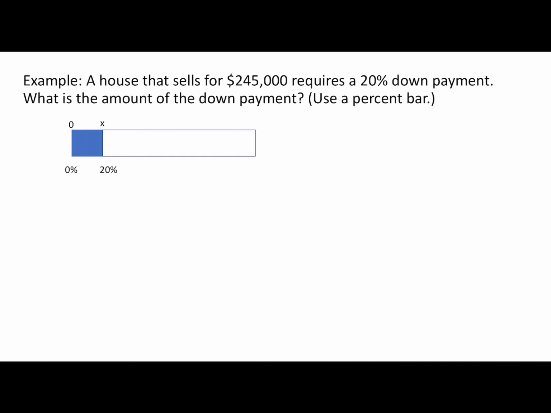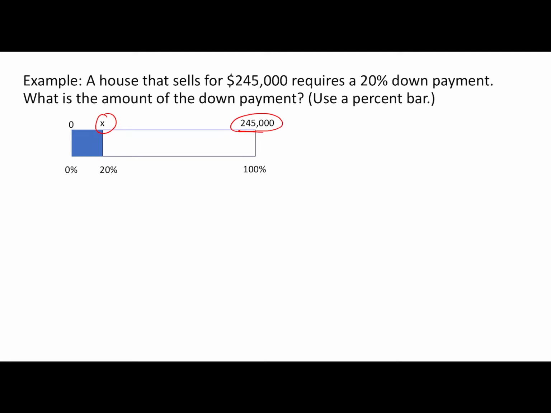So I've shaded 20% approximately of my bar, and I want to know what is the amount of the down payment. What is 20% of the whole, which was $245,000, and that's 100% of the cost.